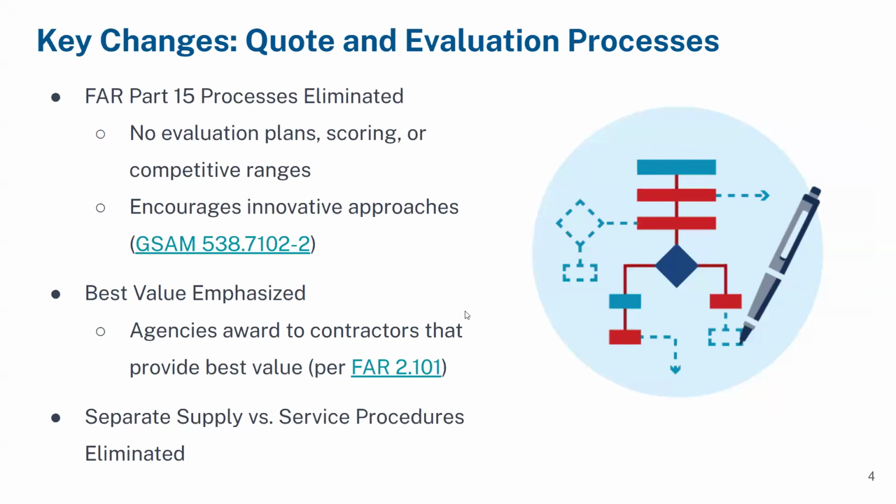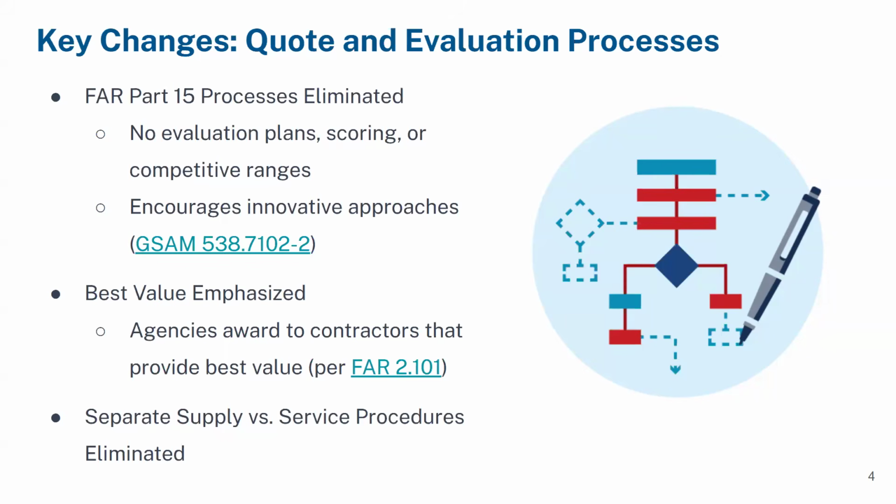All right, so let's talk about some of the key changes. We've eliminated some of those FAR 15 processes that were unclear or appeared to potentially apply to schedule buying. So there are clearly no evaluation plans, scoring, or competitive ranges now when you're utilizing schedules.